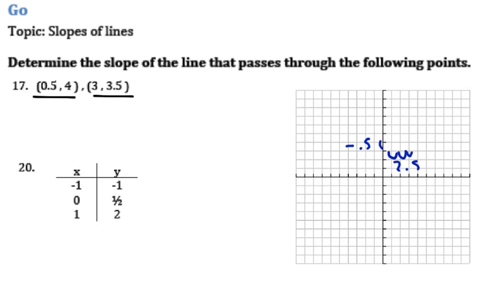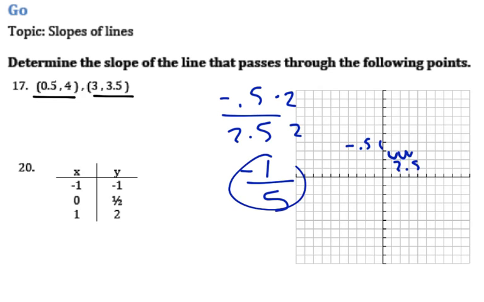So 2.5, so you'd go the y, negative 0.5 over 2.5, which you'd want to reduce and figure out what it is. We could divide both sides by 0.5. Or a better way of thinking about that is, how can I make that a whole number? Well, 0.5, if we doubled it, we get 1, and if we doubled 2.5, we get 5.